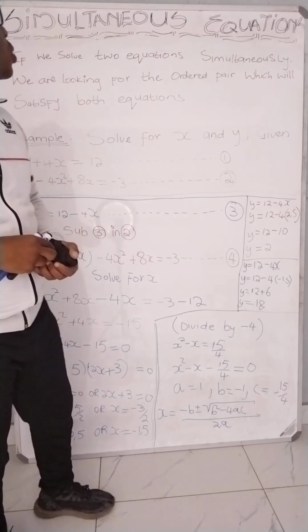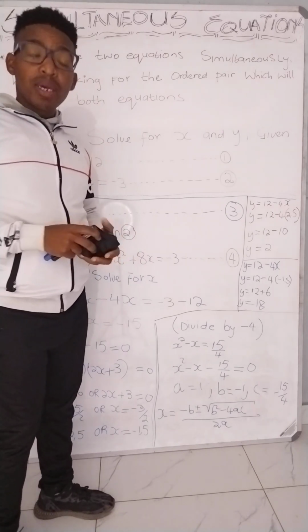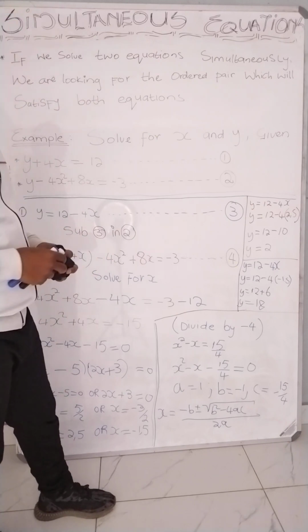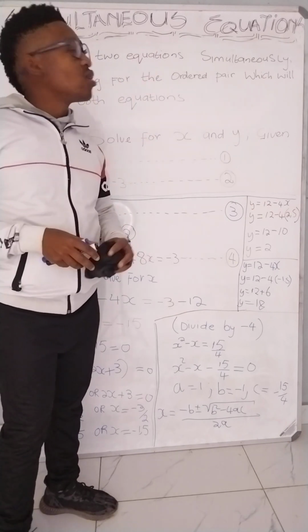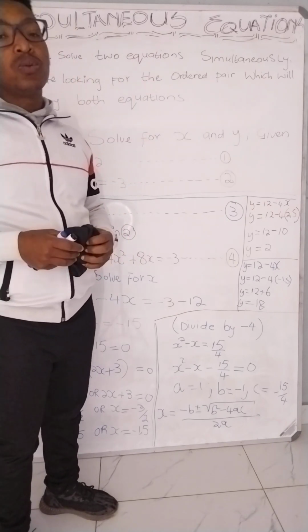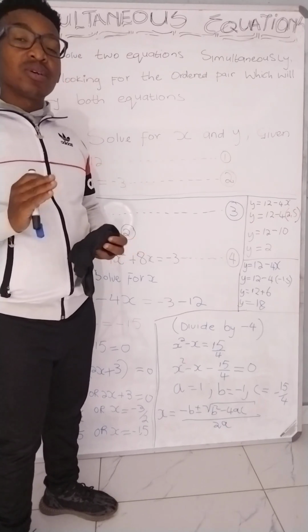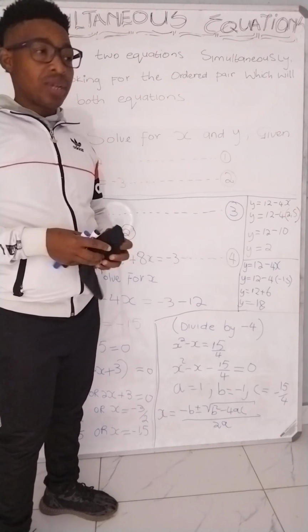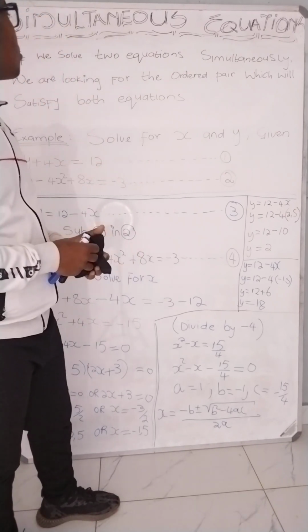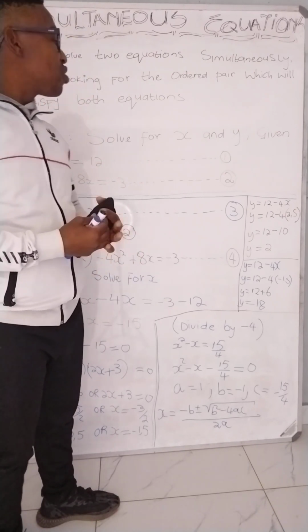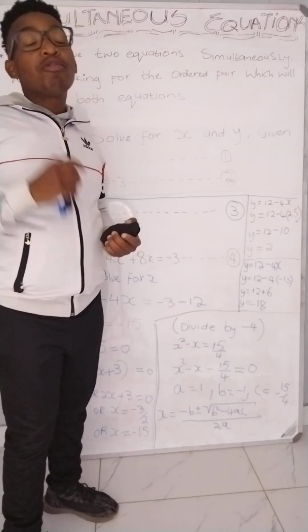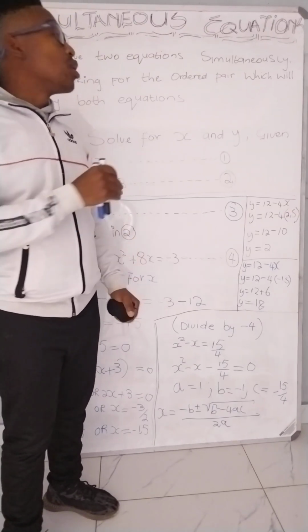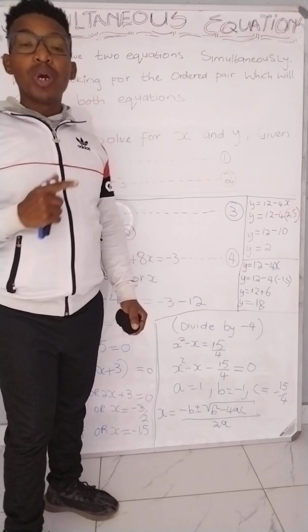Now, without further waste of time, my name is Freddy, and simultaneous equations are one of the simplest concepts to cover or to do or understand. Having said that, there are a lot of people who struggle with simultaneous equations.